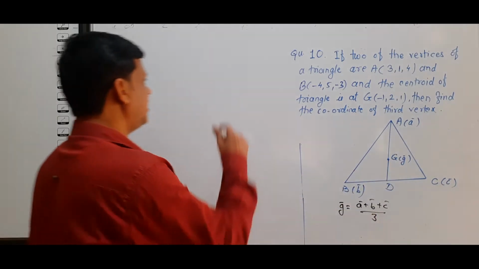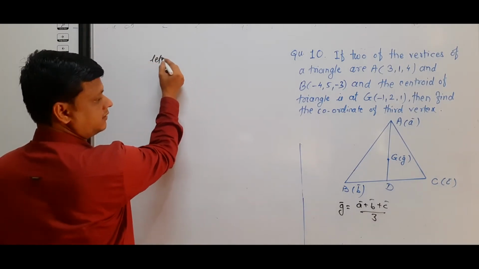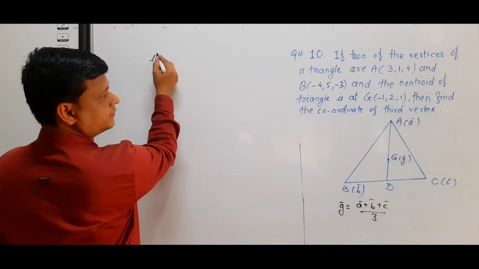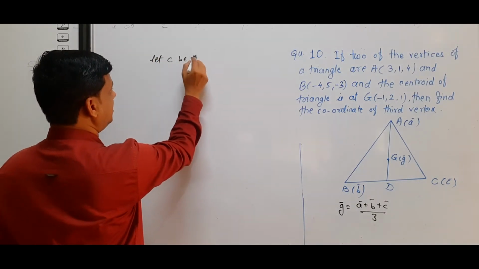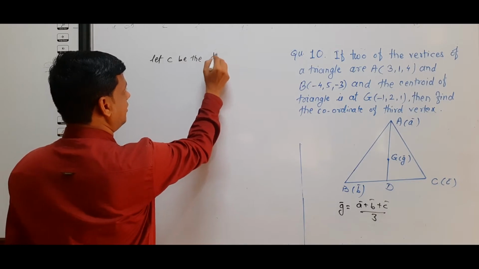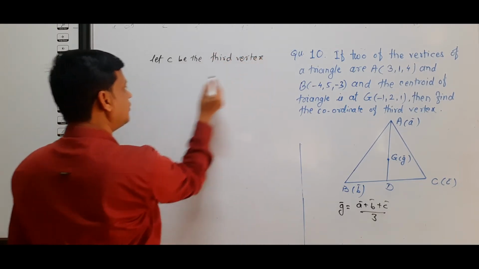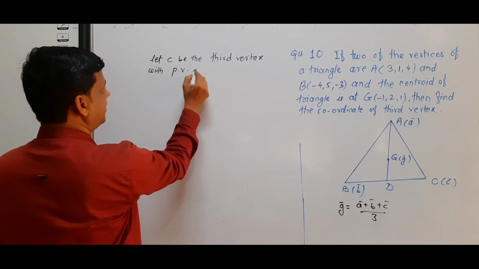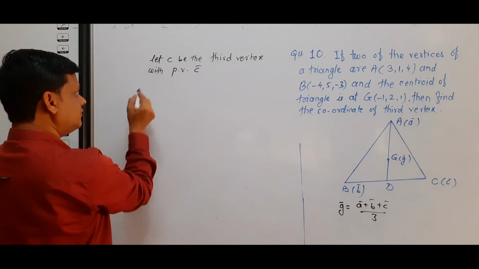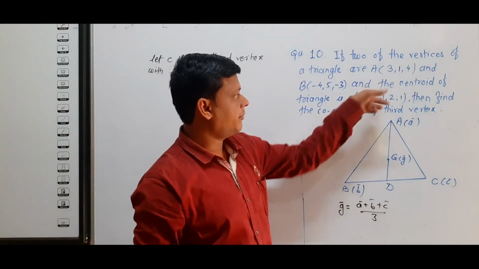So we consider here, let C be the third vertex with position vector C bar. So we consider the position vector of the remaining points.